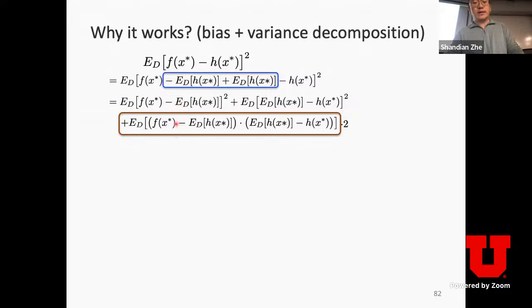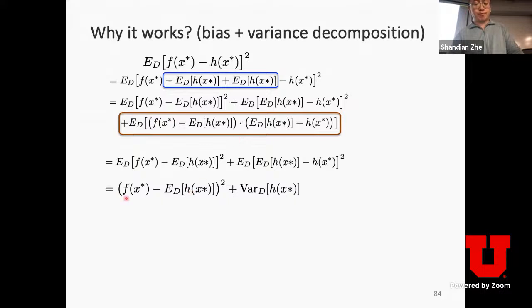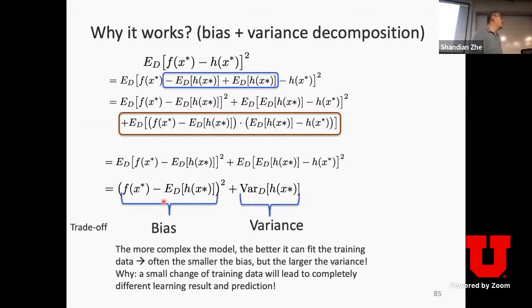It turns out that the cross term becomes 0, and the remaining terms are a summation of this one and this one. From the basic statistical definition, we know the first term represents the bias term, meaning that if you take the expectation of your prediction under your trained model, right?